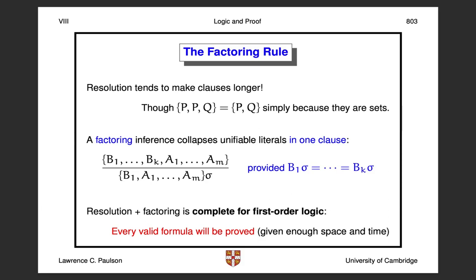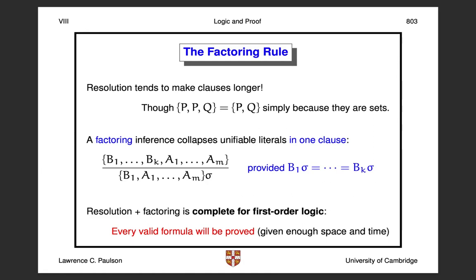What you see here is a clause that has some literals b1 up to bk, which are perhaps not identical, but they are unifiable. There is a single substitution, sigma, that makes all of these literals the same.